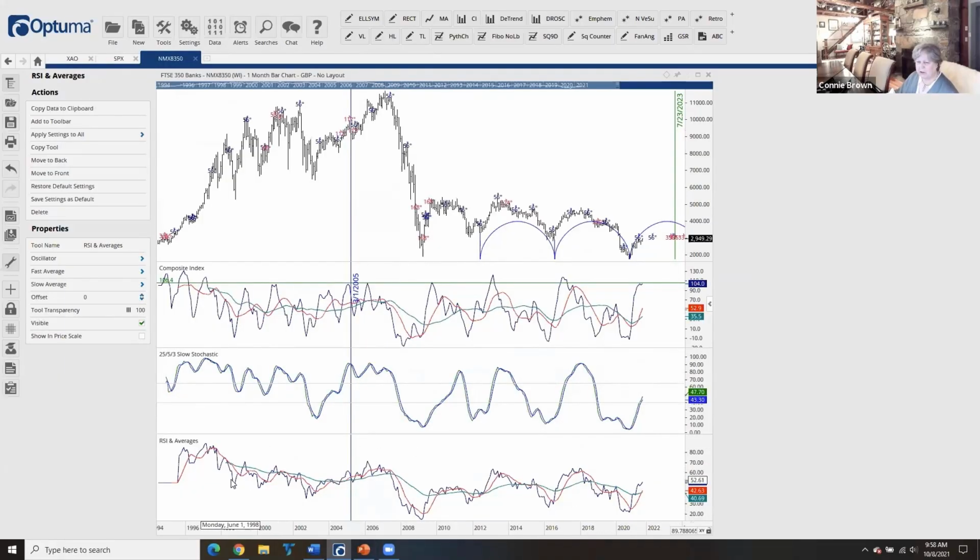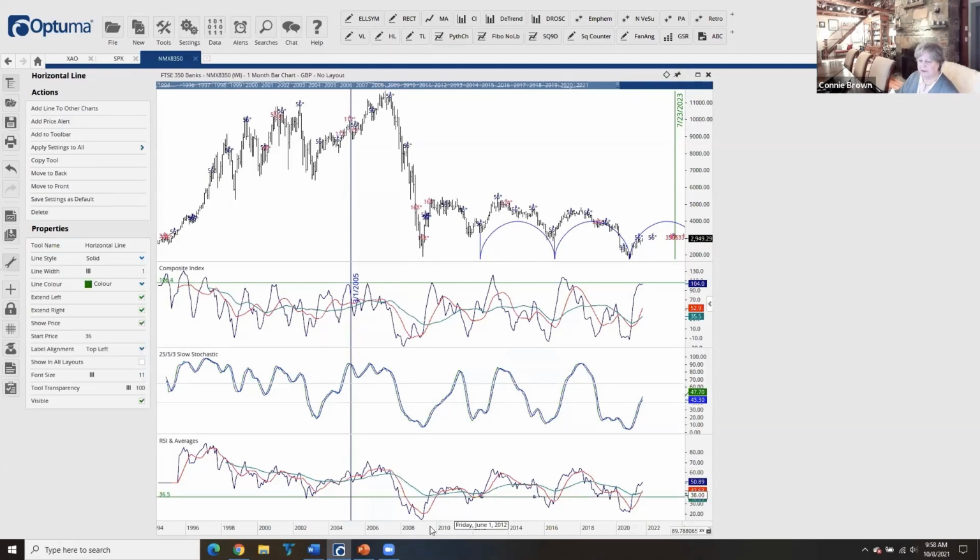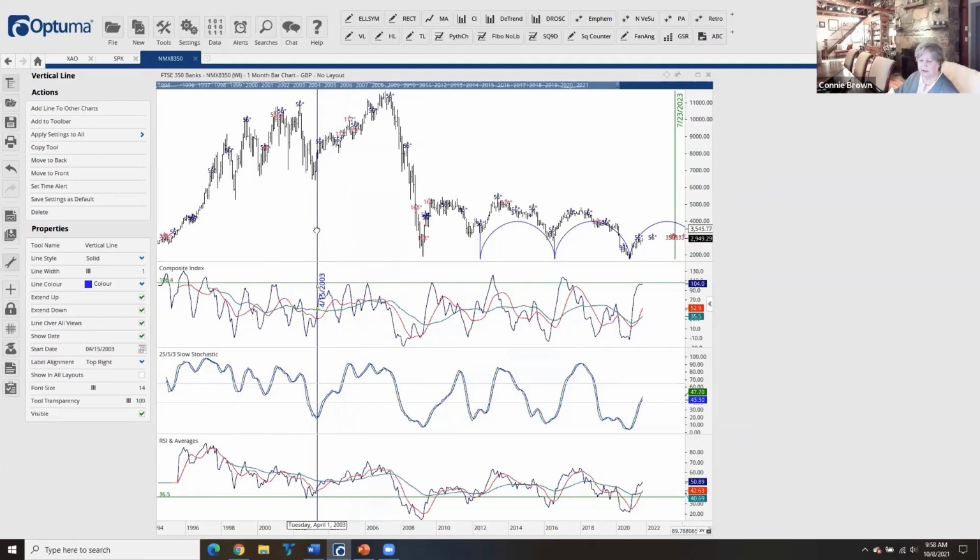The setting here is always 14 period. We've got two moving averages, and this is the indicator that I'm using. What I found when I was studying this is that as you put a horizontal line, and then use the vertical line to line up, we've got 2 minutes.